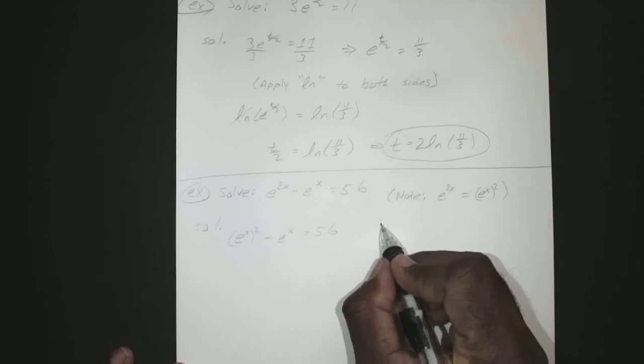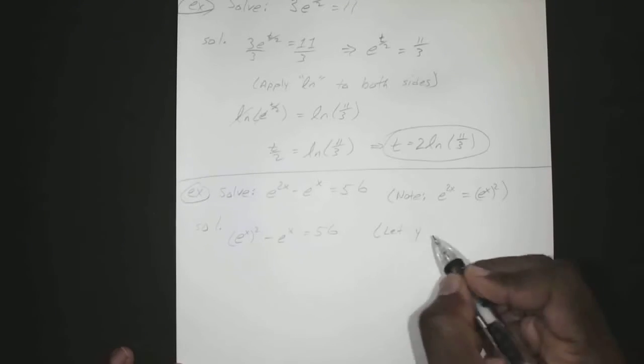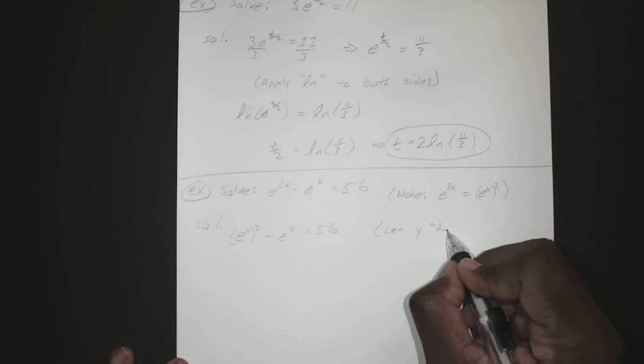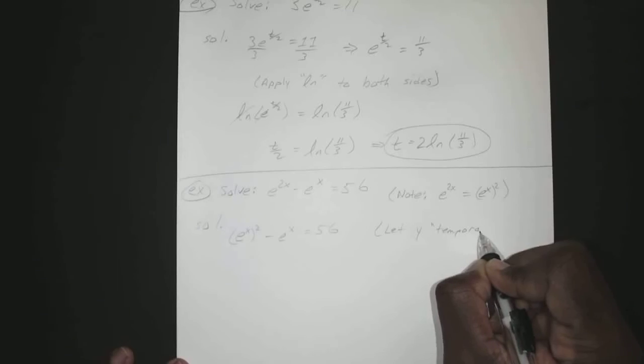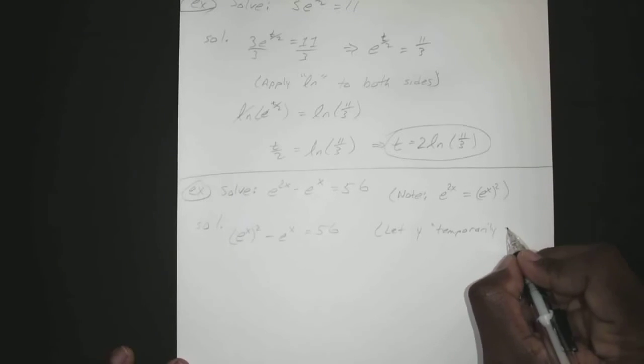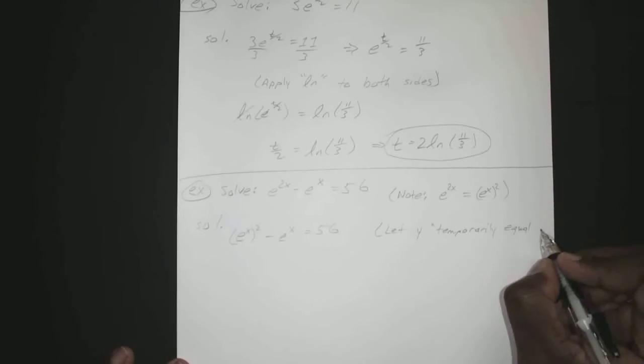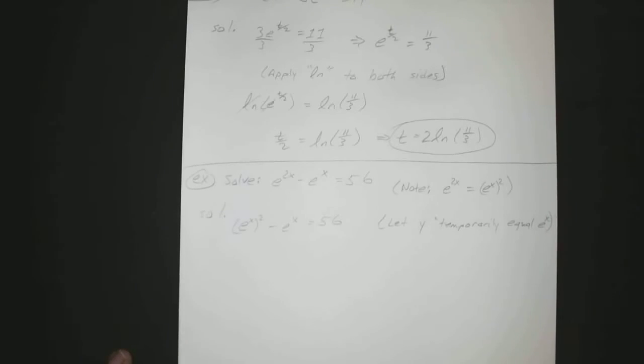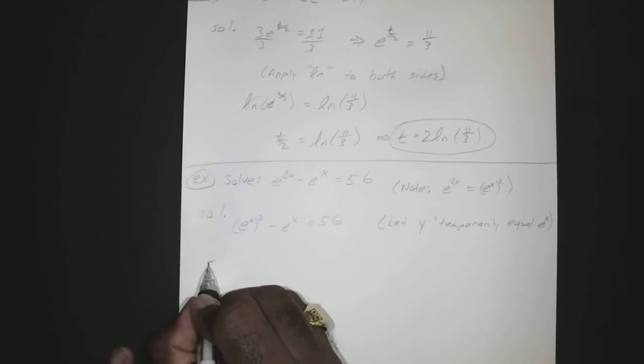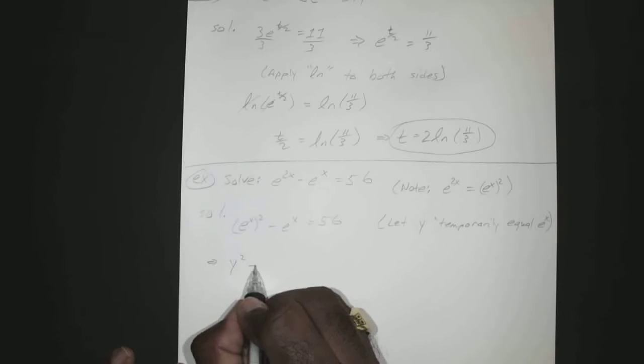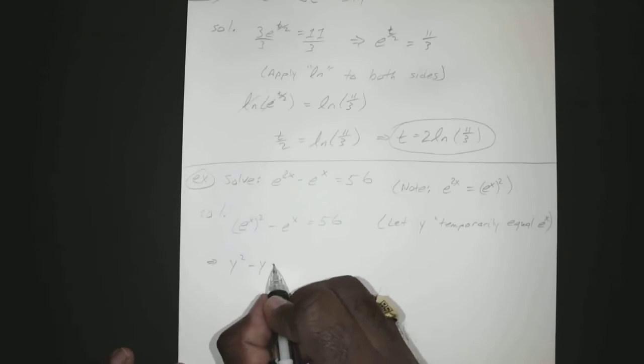So if you wanted to, we can let y temporarily equal e to the x. Okay. So you end up with y squared minus y, subtract 56 from both sides, minus 56 equals 0.